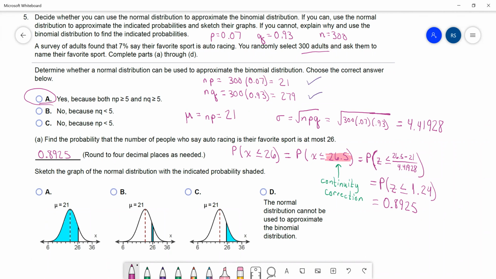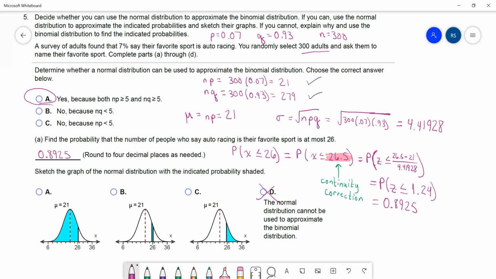So now we have to sketch the graph and shade in what we were asked to find. So we can use a normal approximation. So that means we can throw D out because we can use it. 21's our mean, so we're good there. And we just want to do less than 26.